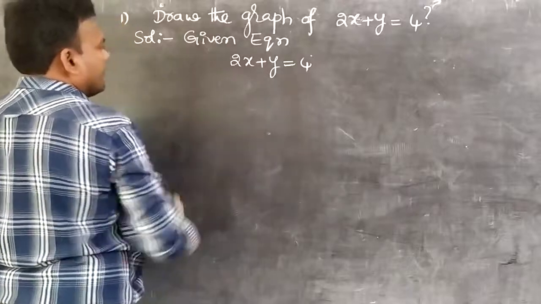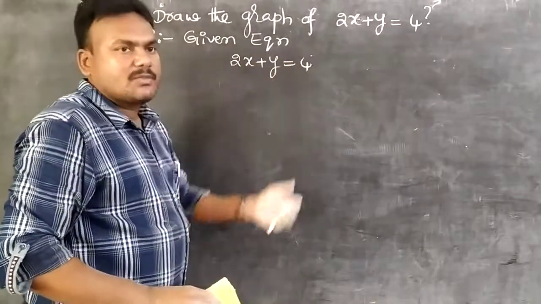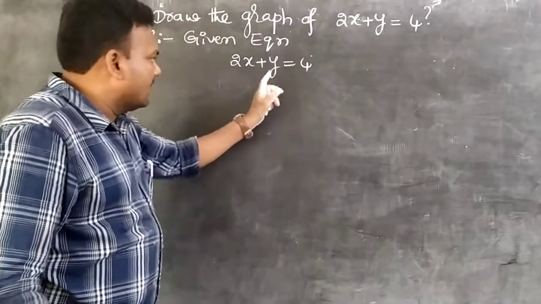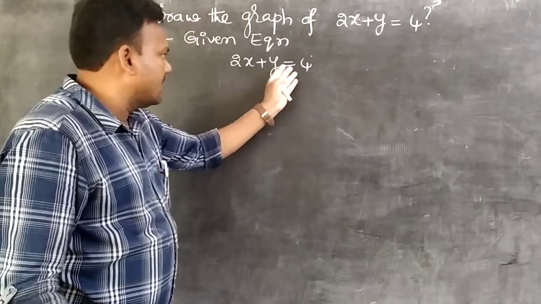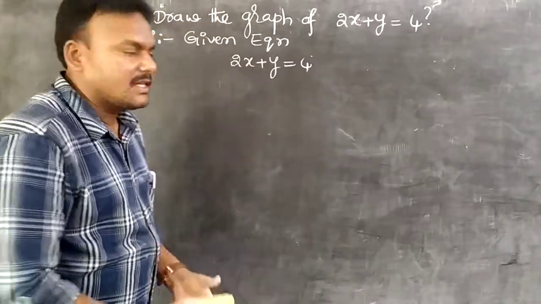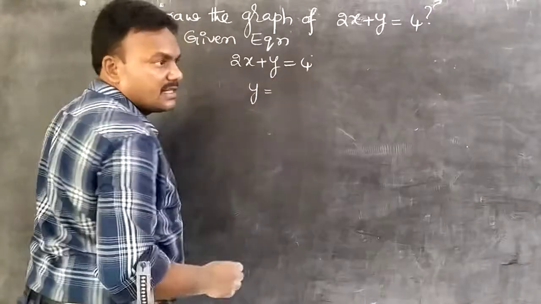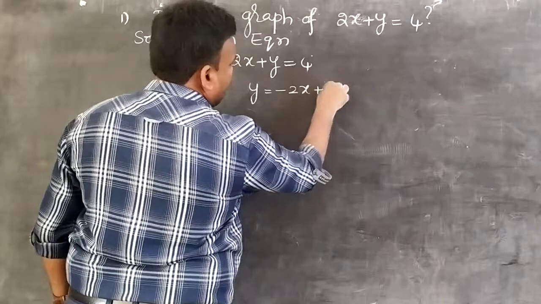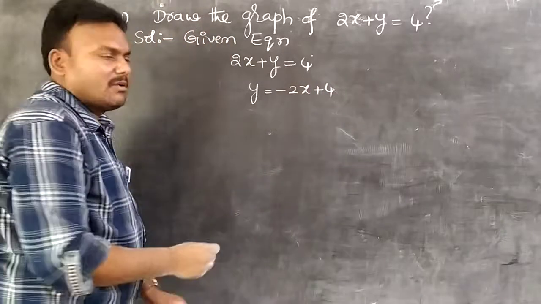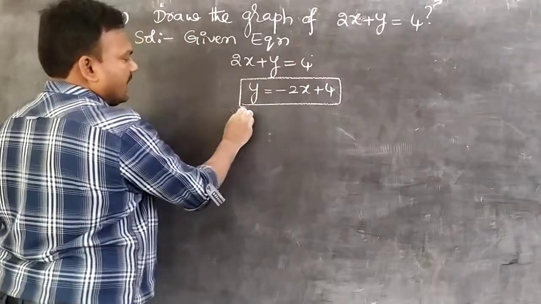On the left side of the equality symbol take y, and on the right side x along with a constant. That means y equals, transferring plus 2x to the right side it becomes minus, minus 2x plus 4, or 4 minus 2x.